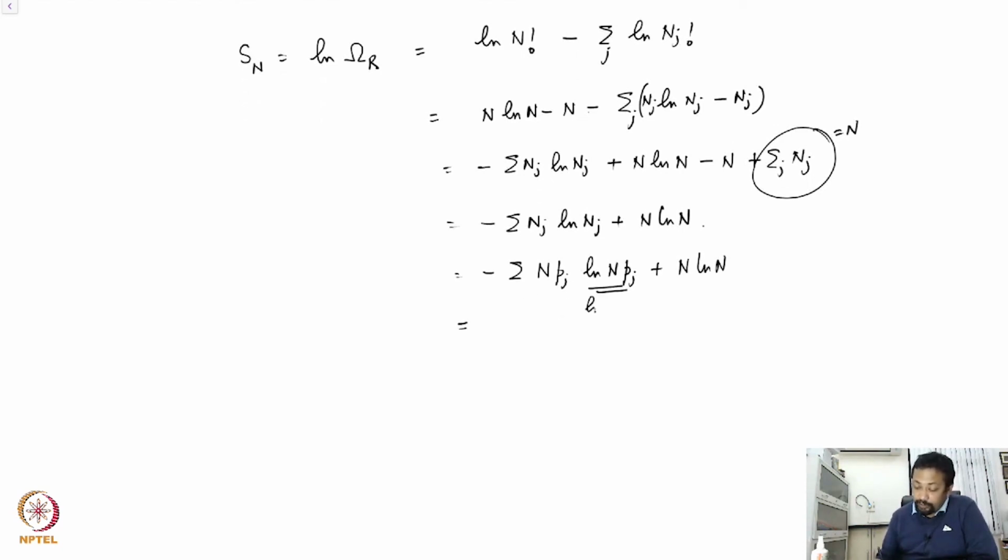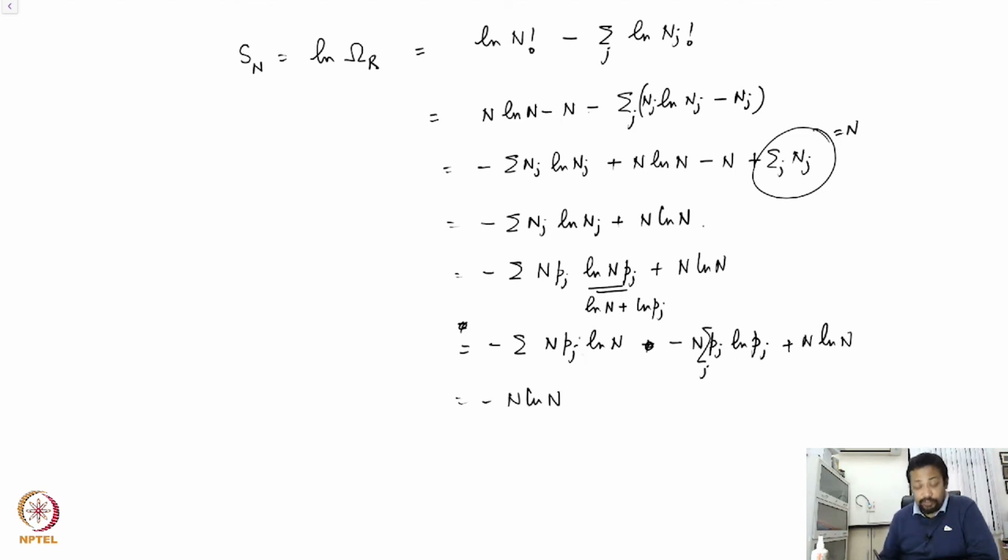I can open up the log to write ln n plus ln pj, so that the first term is minus n pj ln n, sorry, this is minus n pj ln pj with a sum over j, plus n ln n. This becomes minus n ln n, since sum over j pj is 1, the normalization condition, and you have a plus n ln n, and you're left with this last term.